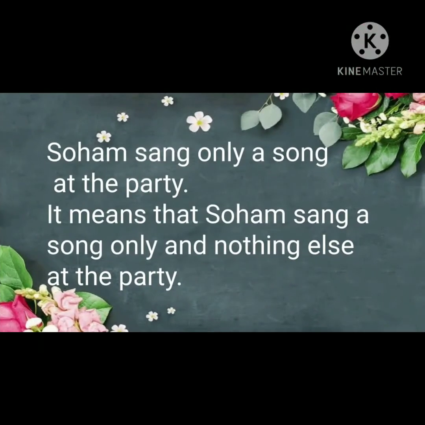Next example is Soham sang only a song at the party. Only a song. That means Soham sang only a song, nothing else. No ghazal, no bhajan, etc. But he sang only a song.